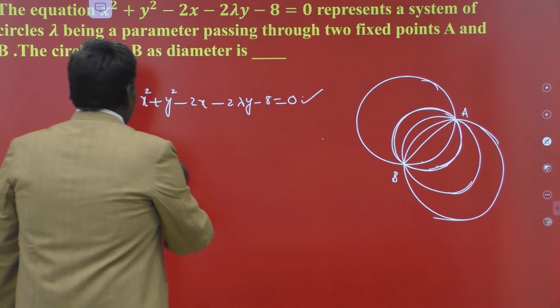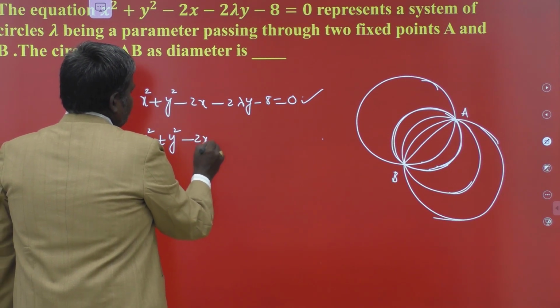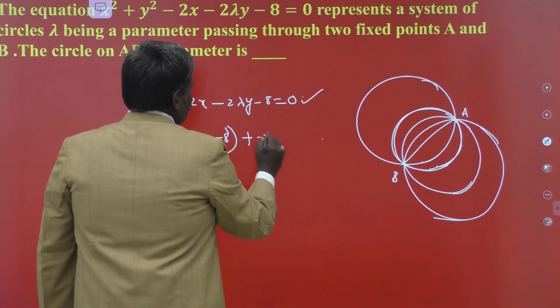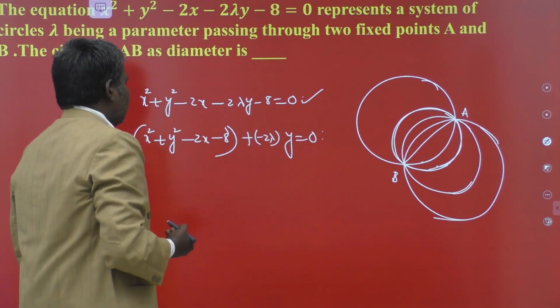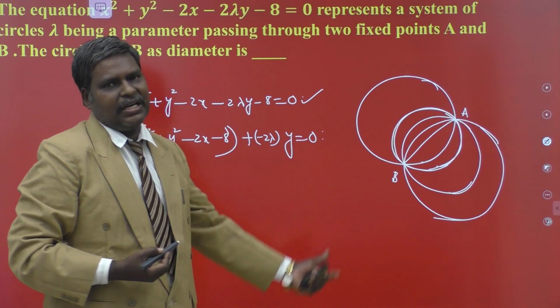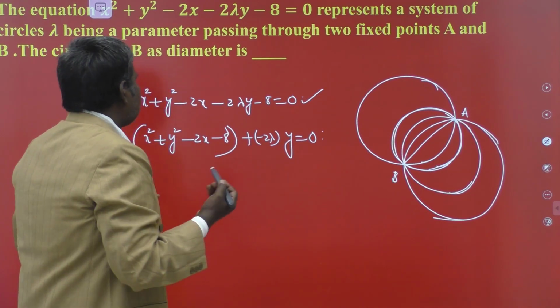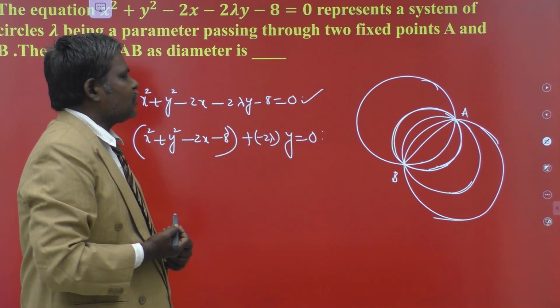So can I write this equation in this manner or not? x square plus y square minus 2x minus 8, plus minus 2 lambda times y, equal to 0. Am I correct or not? It is of the form S plus lambda L equal to 0, which always represents a system of circles, every circle passing through the point of intersection of S equal to 0 and L equal to 0.